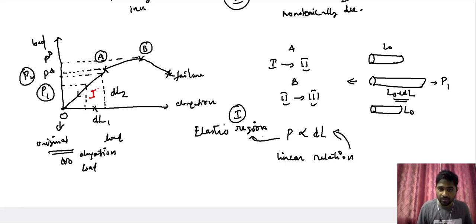To put it even more simply, when the behavior of the material is elastic, the mechanical condition that we impose brings about a response that is in linear relation to it. When a material behaves elastically, the response of the material is linearly proportional to the mechanical condition that we impose.